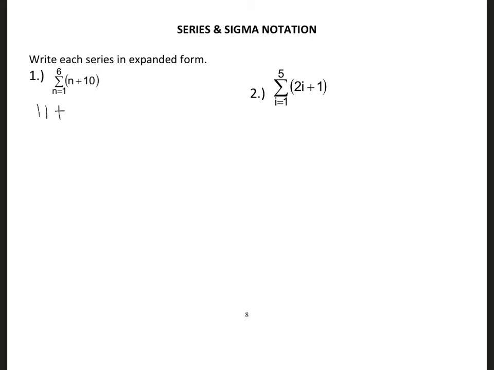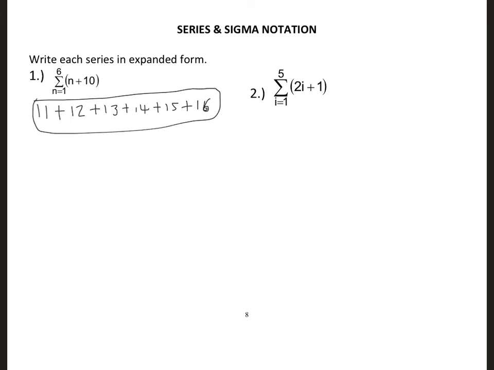Then I'll say plus, because it's sigma, then 12. I add 2, I add 3, I get 13. I add 4, I add 5, I add 6. 1, 2, 3, 4, 5, 6.